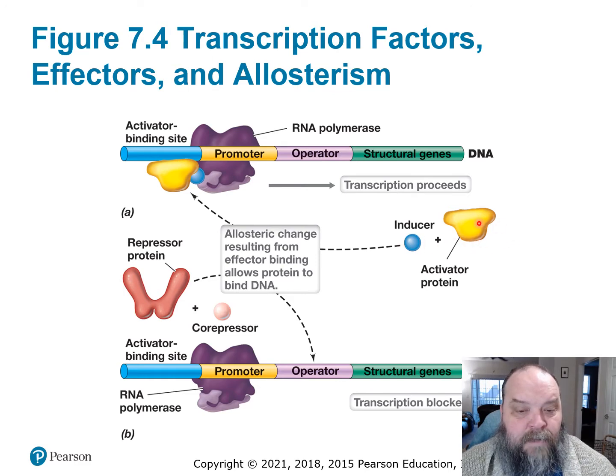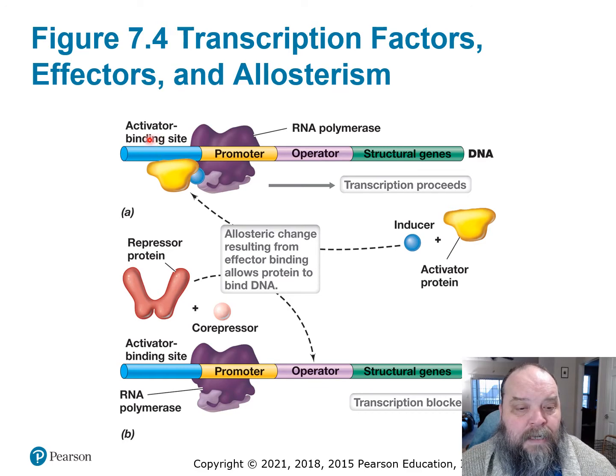So you have an activator protein and some form of an inducer. Maybe it's the presence of a sugar or calcium, cyclic AMP, a metal, or a small polypeptide, whatever, that binds the activator protein.